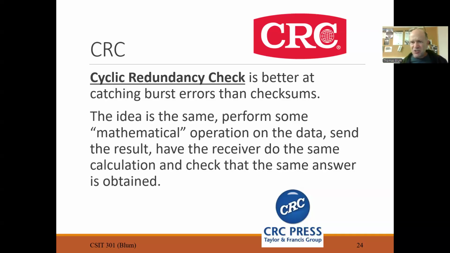It's going to be the positions of exclusive ors. You can make those choices so they are more likely to catch the errors you think are more likely to occur. We're not going to get down to that level, but we're just saying that that level of engineering is possible.